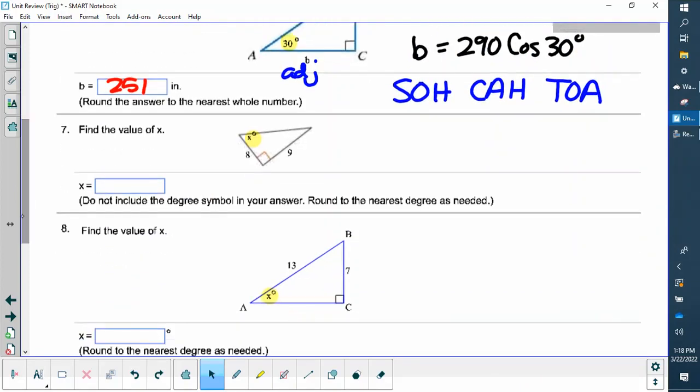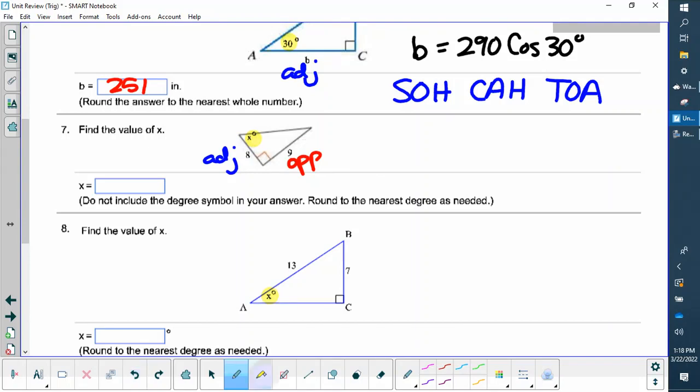Okay, and I'm going to name them just like I did before. This is across from my reference angle, so I'm going to call it opposite. This is right next door to my reference angle, so I'm going to call it adjacent. And I'm not going to put in hypotenuse.